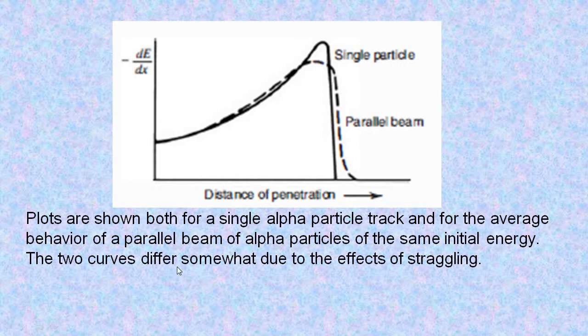The two curves differ somewhat due to the effect of straggling. This term, straggling, we will be discussing later. So you just note that term, straggling. This difference is due to straggling.